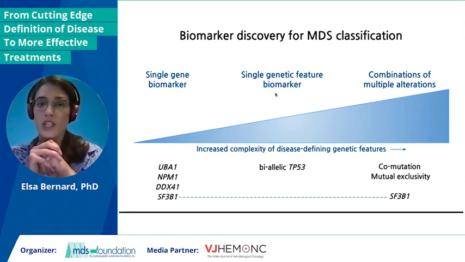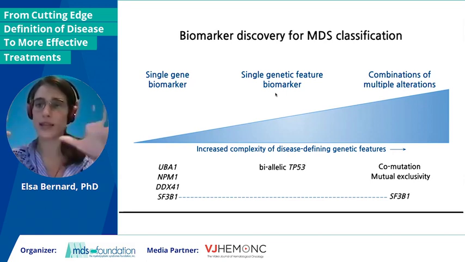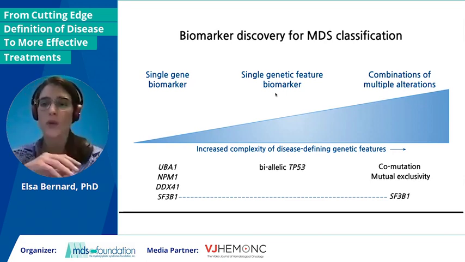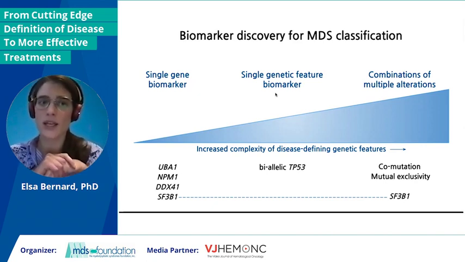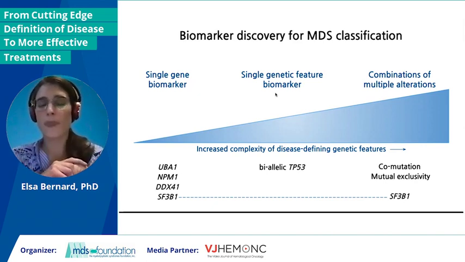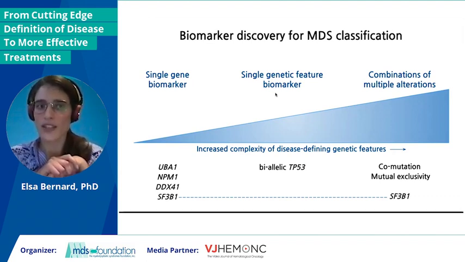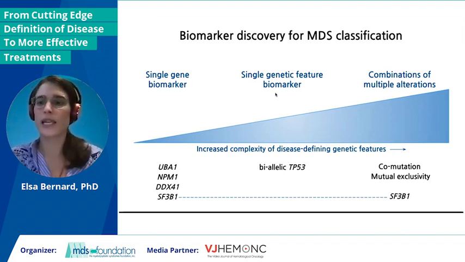During this presentation, I will give a few vignettes that span this complexity, going from single gene markers such as UBA1, NPM1, DDX41, and of course SF3B1, but I will also discuss SF3B1 in the context of more complex genetic heterogeneity and how that heterogeneity matters, and I will discuss also biallelic TP53.